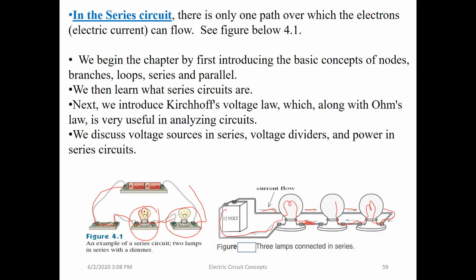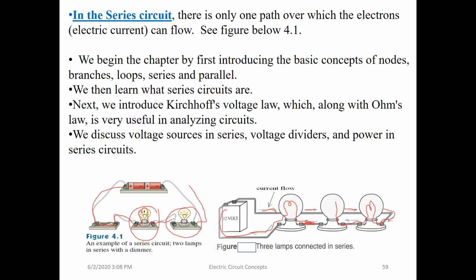So we could see here, no matter how many light bulbs there are, the current is the same. It's flowing in one path. This is the definition of a series circuit. When elements are connected in series, it means they have the same current flowing through them.